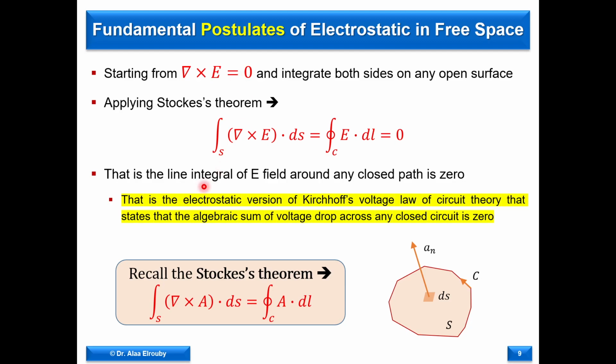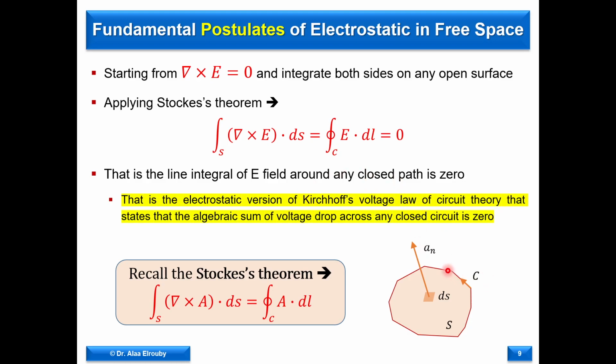The physical meaning is that the line integral of E around any closed path equals 0. So what is E dot dl? E dot dl is the potential difference between 2 points. If we are integrating over a closed contour, it means the potential difference between the start and the end of this contour, which, because it's closed, is the potential difference between the point and itself.